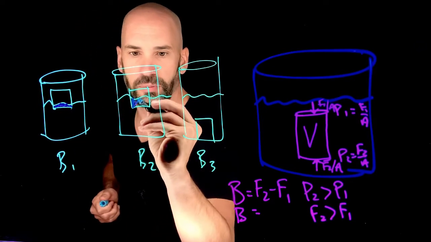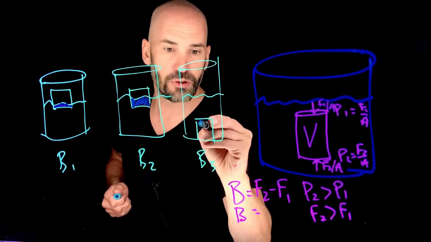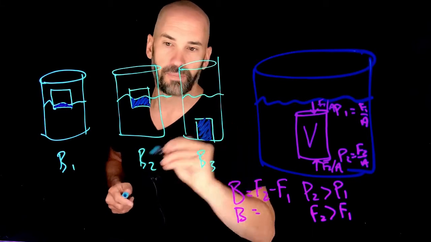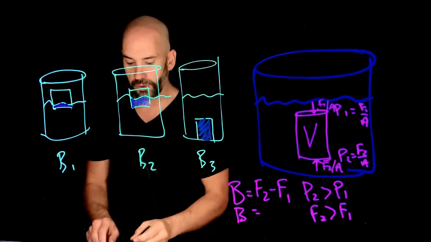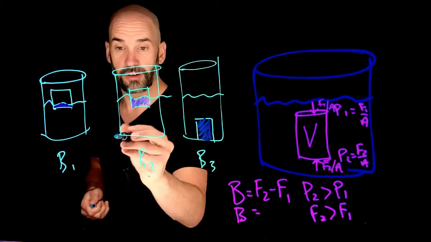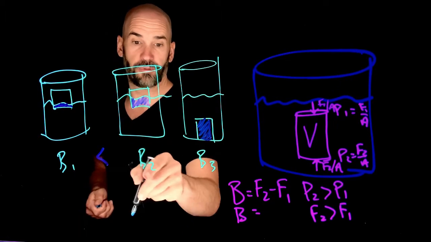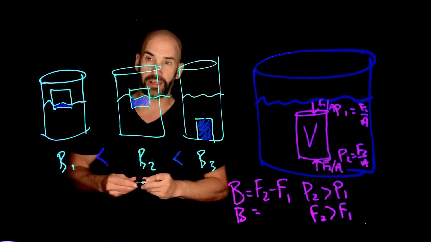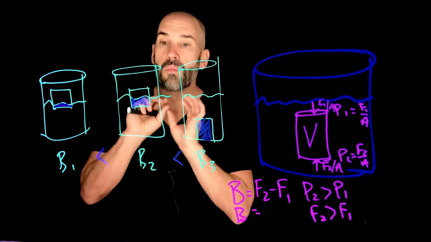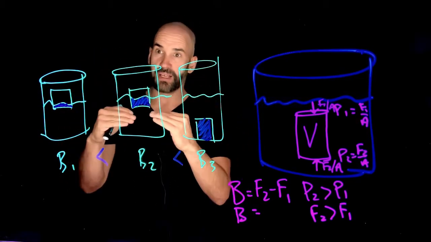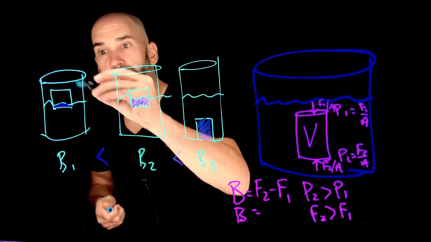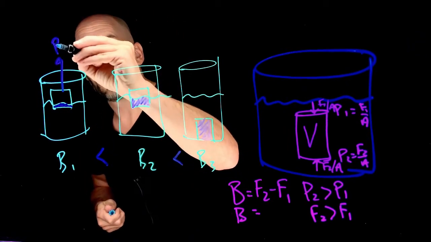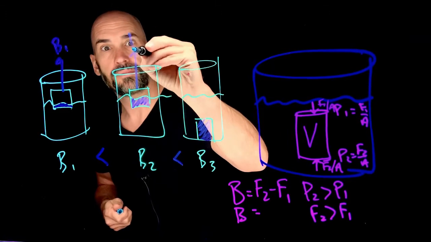There's that much water displaced by this one, and there's this much water displaced by this cube over here, okay? So in other words, the buoyant force here would be less than the buoyant force here, which would be less than the buoyant force of 3. Okay? So the more water displaced, the greater the buoyant force pushing back up on that object.